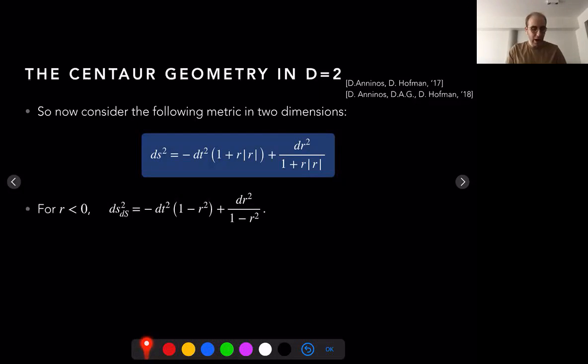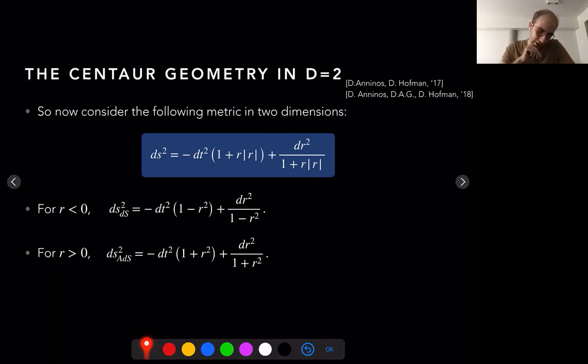Then for r less than 0, this will be 1 minus r squared. It will be our static patch metric. And for r greater than 0, this will be 1 plus r squared. It will be global AdS2. So this geometry is giving us what we want.